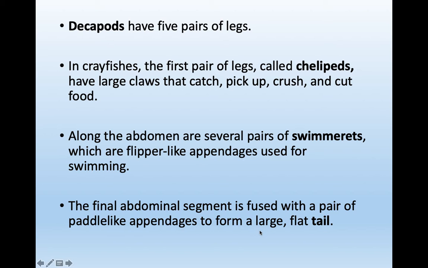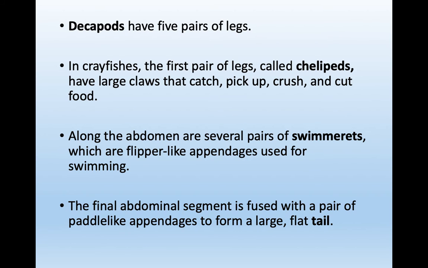Okay, the final abdomen segment is what's actually officially called the tail. So you'll see a few paddle-like appendages kind of fused together, and they form a tail at the very, very posterior end of the abdomen.